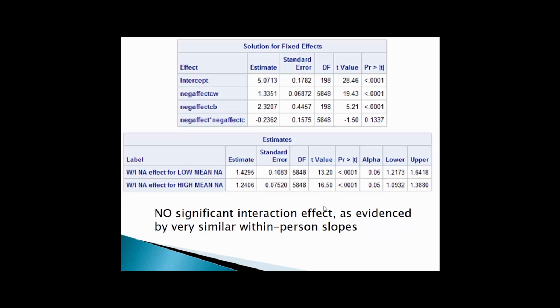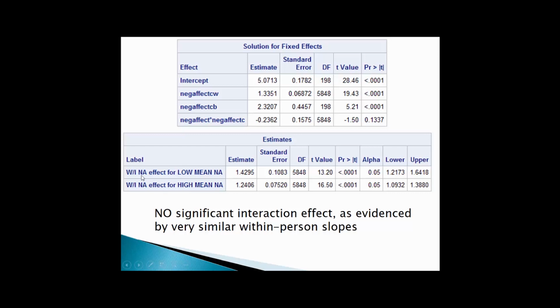Right, and so if we try to interpret that, what you can see is that our main effects are the same, or approximately similar. Okay, so we're still seeing a significant within-person effect. We're still seeing a significant between-person effect. But we have no evidence that the within-person relationship differs based on your average level of negative mood.